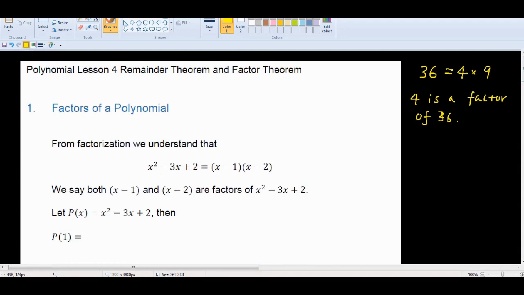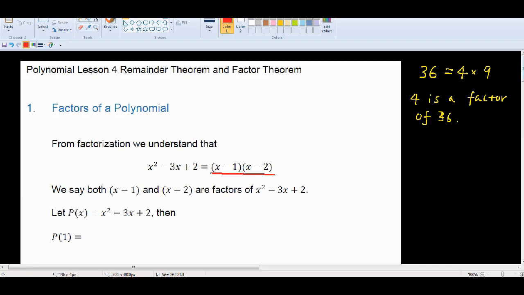If we could factorize this x squared minus 3x plus 2 into (x minus 1) times (x minus 2), then just like when we write 36 as 4 times 9, this time we are going to say that x minus 1 and x minus 2 are two factors of the polynomial x squared minus 3x plus 2. Okay, so there's nothing special about that.